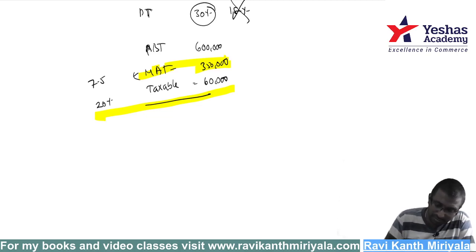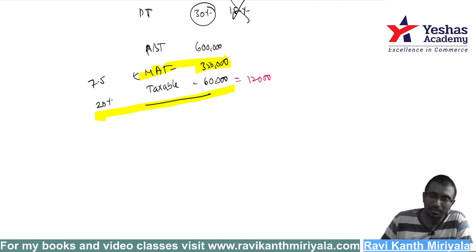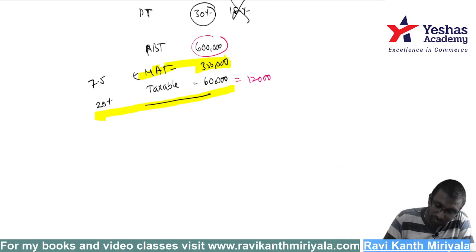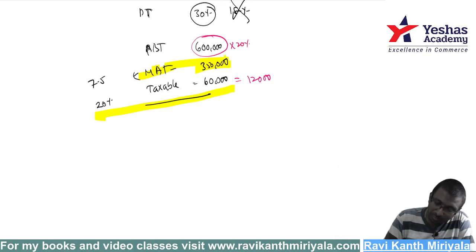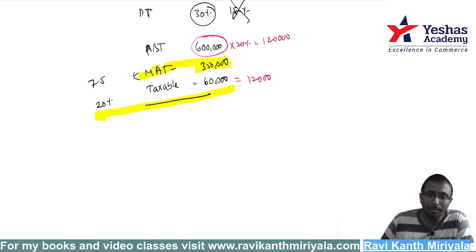See, what is the tax you are supposed to pay as per the Income Tax Act? 60,000 into 20%, I should pay 12,000. But what is the P&L profit? It is 6 lakh. So 6 lakh into 20% means I should have paid 1,20,000, but I am paying only 12,000.